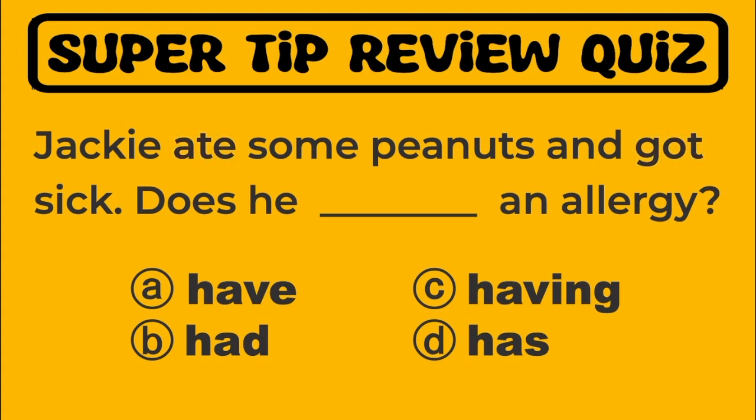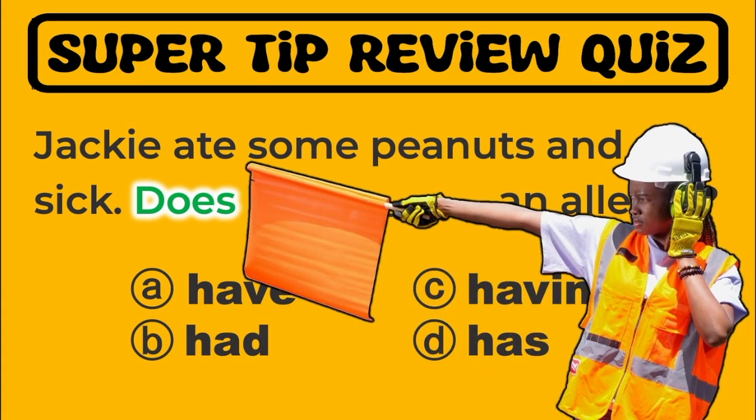But guess what? All of those words are incorrect. Jackie, peanut, got, ate. Those words will not help us. The word that's going to help us is our signal word, and that is does. Bring in the signal. Does is the signal word.